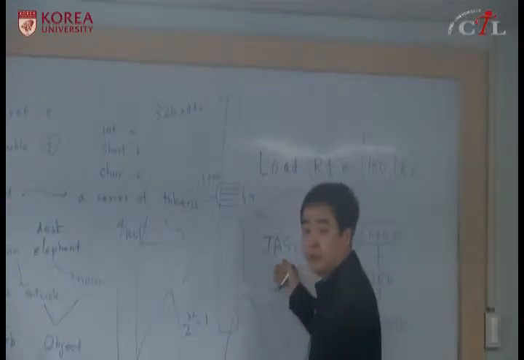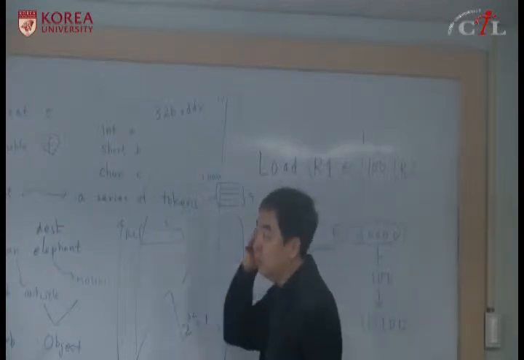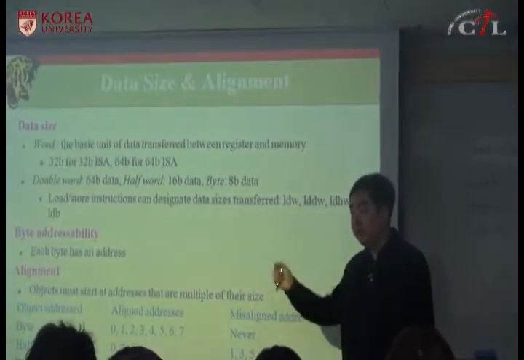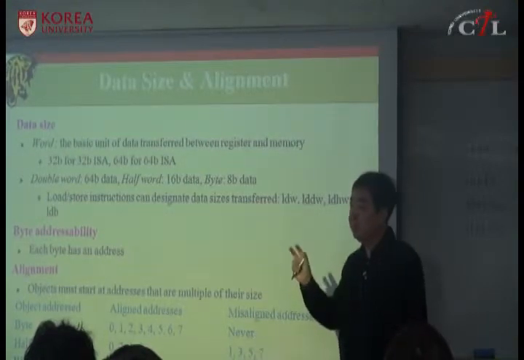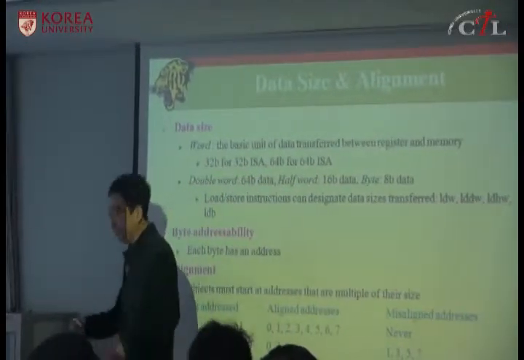At the time they used word addressable, where each word has an address. But nowadays in all commercial microprocessors, each byte has an address, because you want to manage single byte or single character operations. To do that, each byte should have an address. So that's called byte addressable.